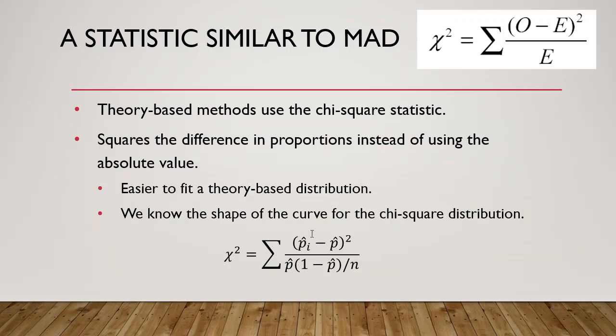You take the p hats in your sample and subtract from them the overall p hat, which is what you get if you took all of the data and averaged it together. Then this would be each column of the data.